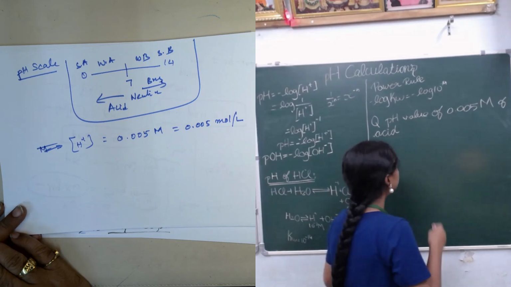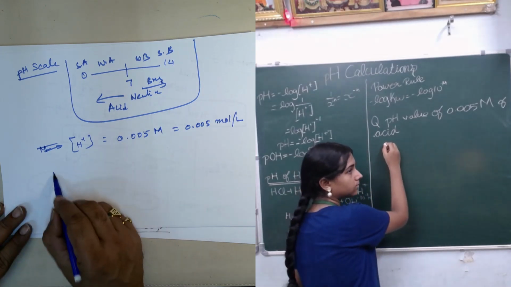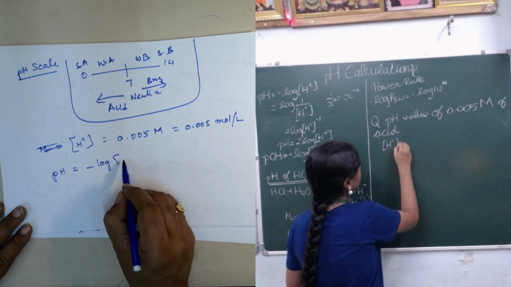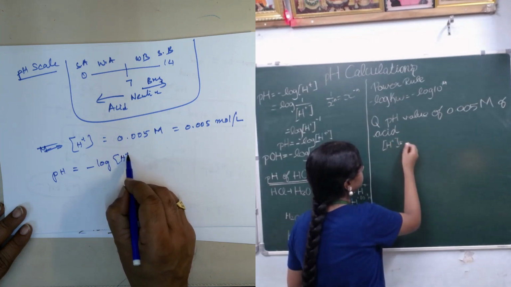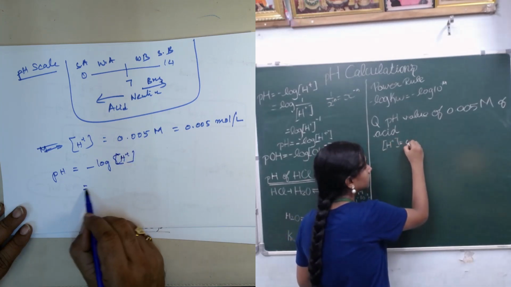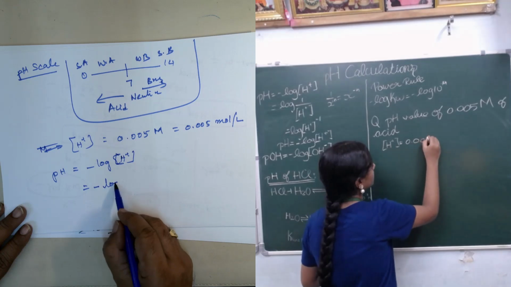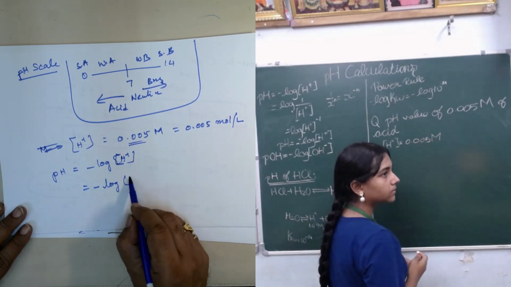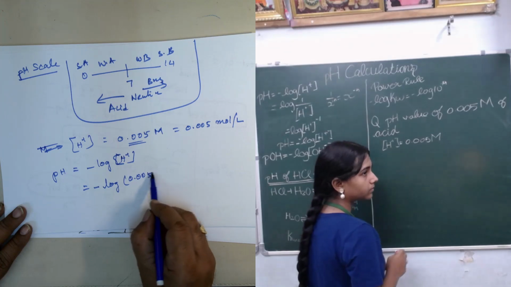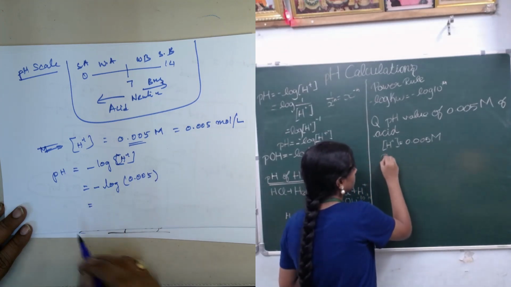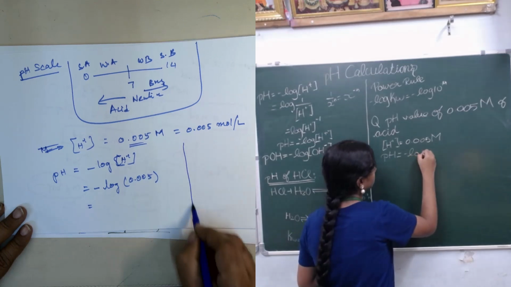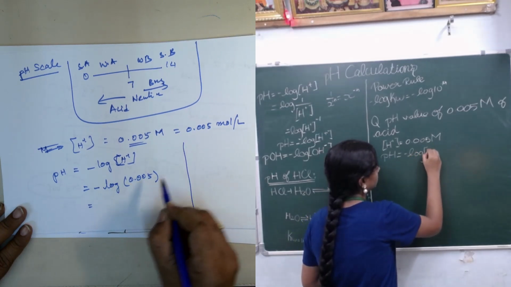Okay, right now. So what you are supposed to do, you have to find out pH. So pH is nothing but negative logarithm of H plus concentration. So negative logarithm of, and H plus is 0.005. So for 0.005, how are you supposed to take the logarithm?